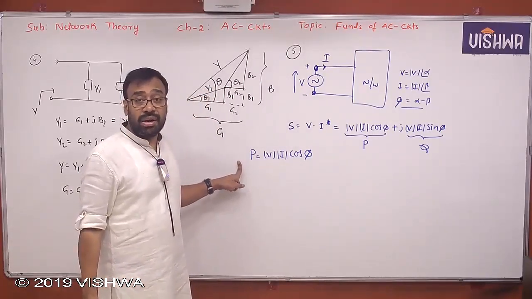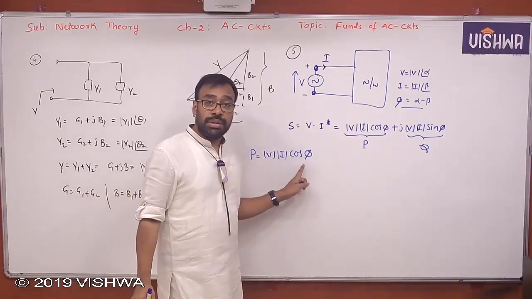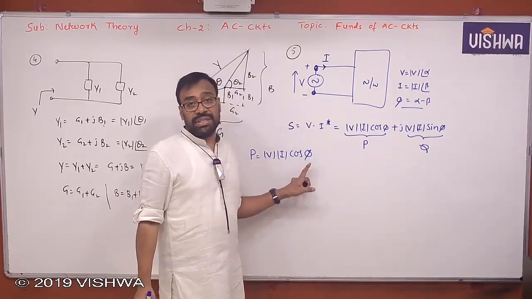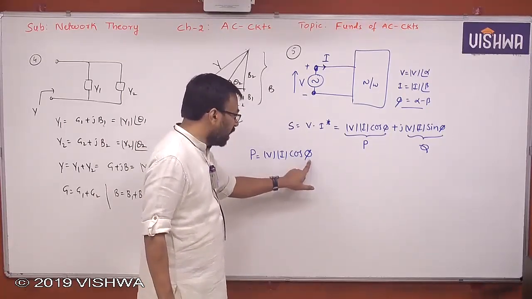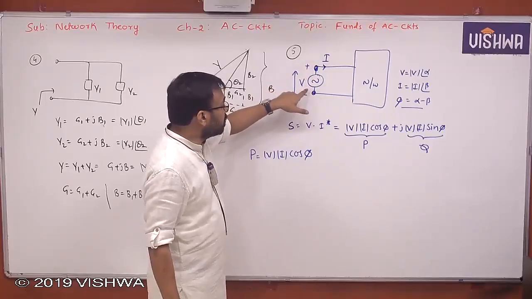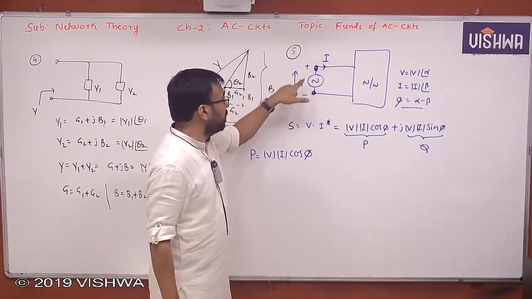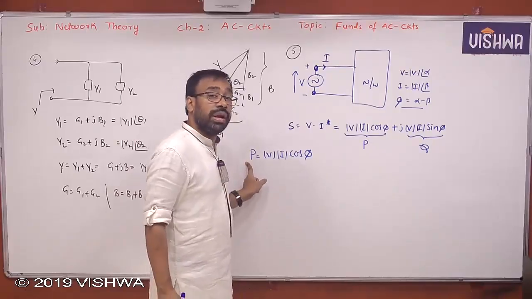Understand all of you, okay? Now, P will be positive when cos phi is positive. P will be negative when cos phi is negative. Understand all of you? Therefore, angle phi will decide. What is angle phi? The phase difference between the voltage and current of this particular source will decide whether this P is positive or negative.